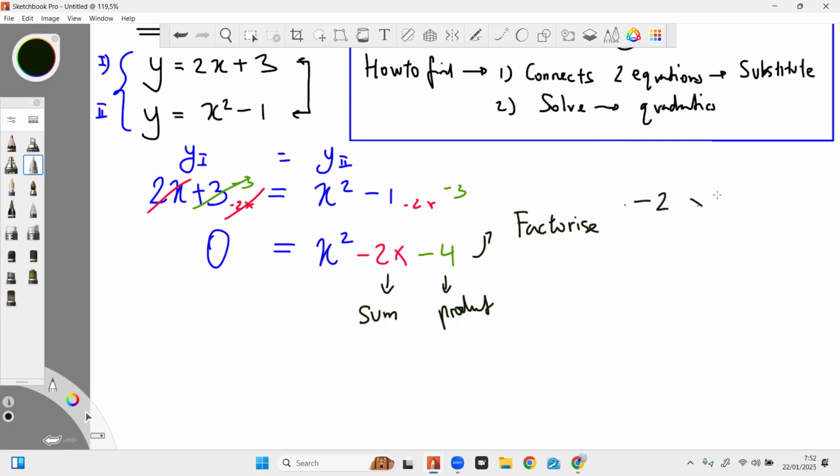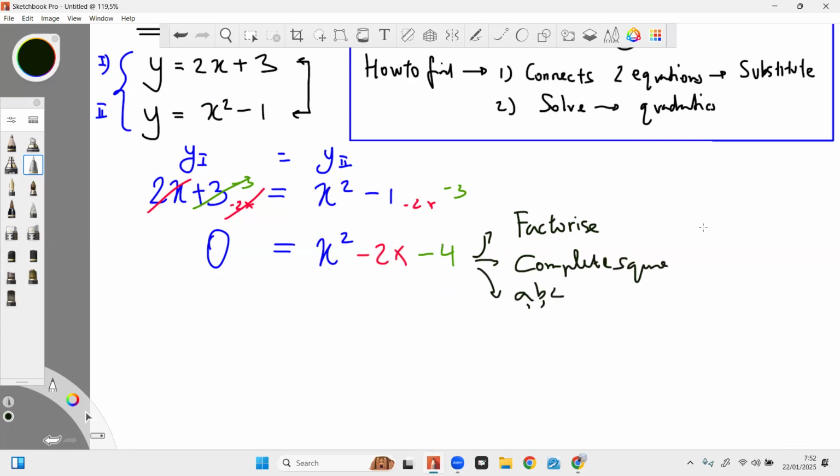Negative 2 times 2. Negative 2 plus 2 is 0, guys. Cannot. So you cannot do the factorization. So what to use? It's either complete square or ABC. Which one do you want to use? Factorization, disabled. Why? Because there are no such easy numbers.